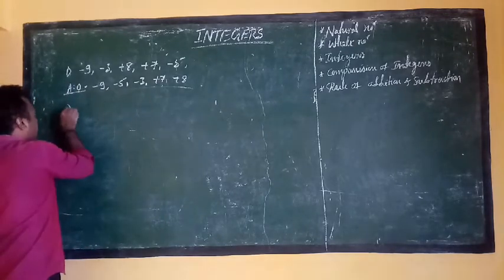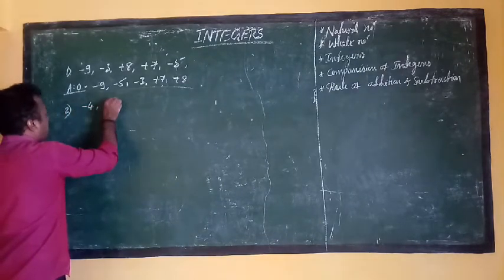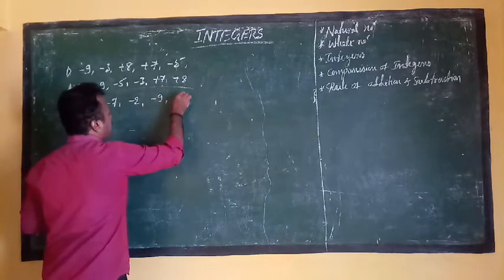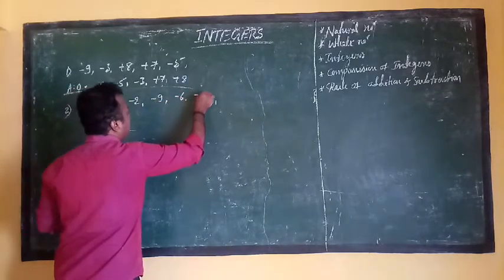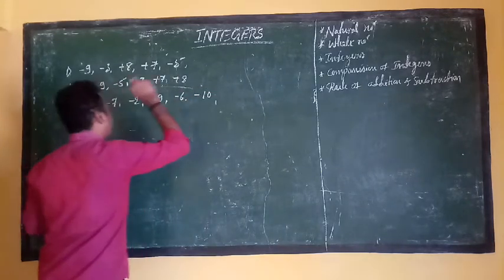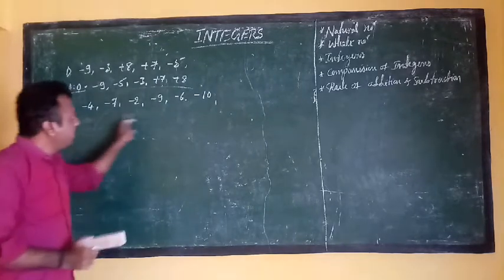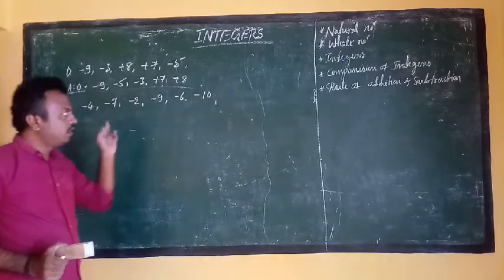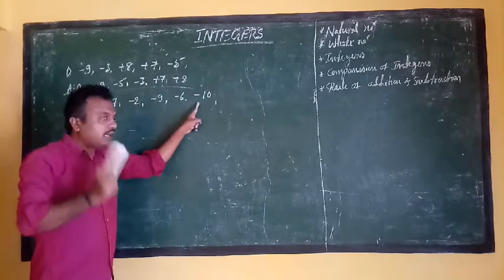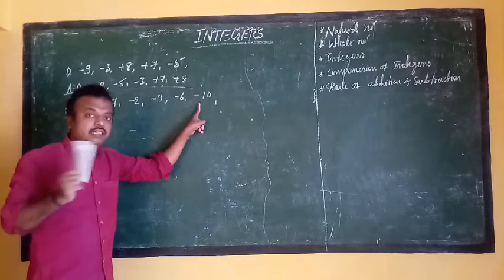Next, second example: -4, -7, -2, -9, -6 and -10. See, in this all are negative integers. So when negative integers are given, be careful. The highest negativity is the smallest value, and the smallest negativity is the highest value, correct?